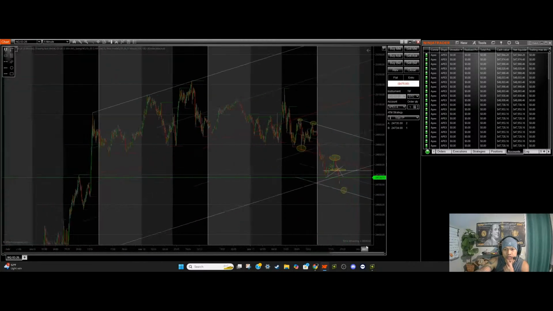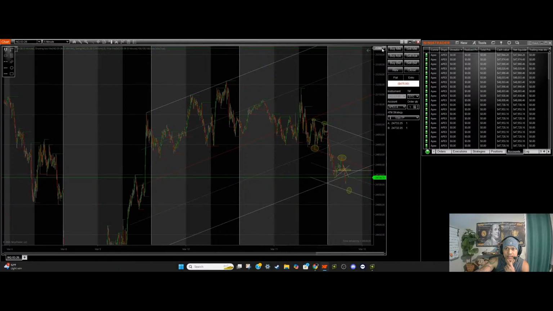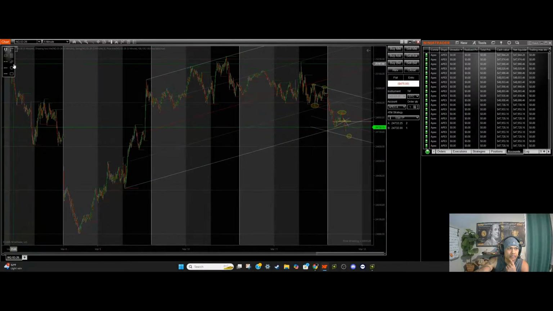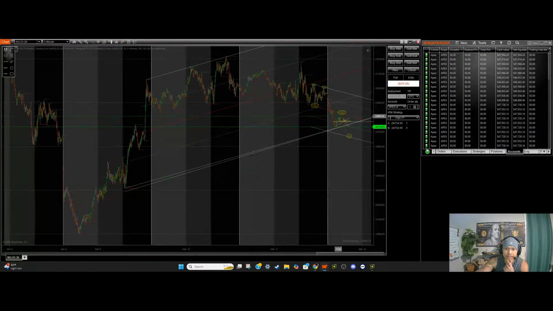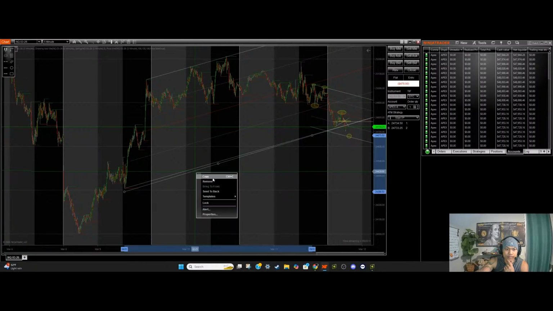So we're looking for short. Look at this channel here. The bottom of this channel is the low side. That's going to be the break and retest of this bigger range.